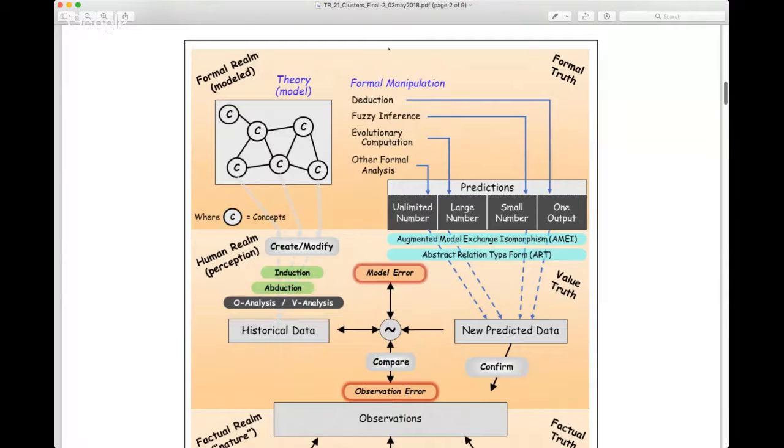Yeah, so basically, in this particular chart right here, we have at the top formal truth, and then we have a transition line from formal truth to value truth. And it's crossing that transition line, so going from value truth to formal truth, and then from formal truth back to value truth. Who makes those decisions on that evaluation?